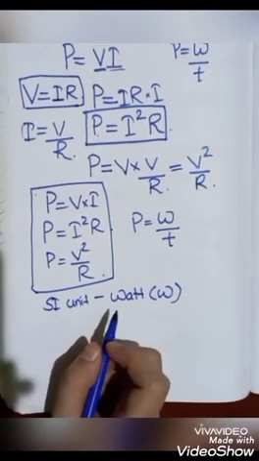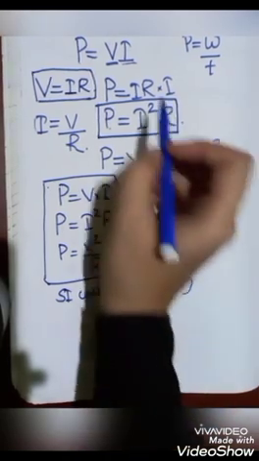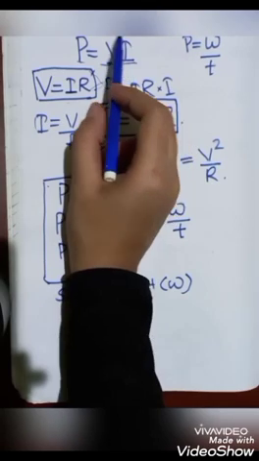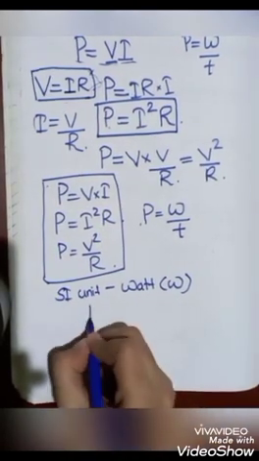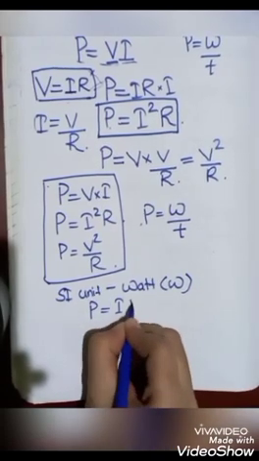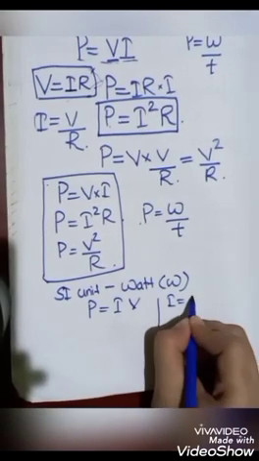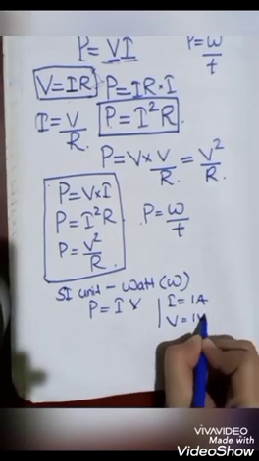Then how can we define 1 watt? We can use this equation, P is equal to I into V. Suppose I is equal to 1 ampere and V is equal to 1 volt.